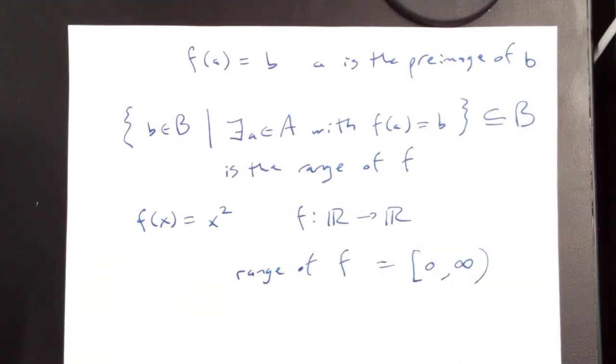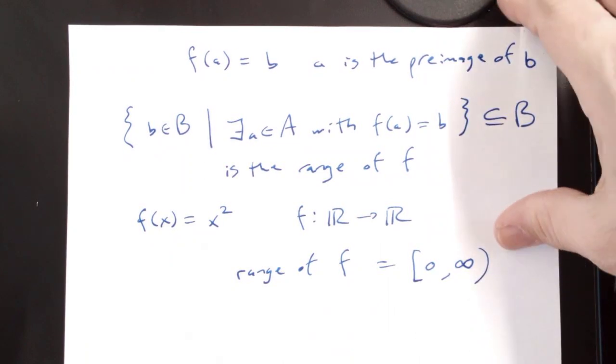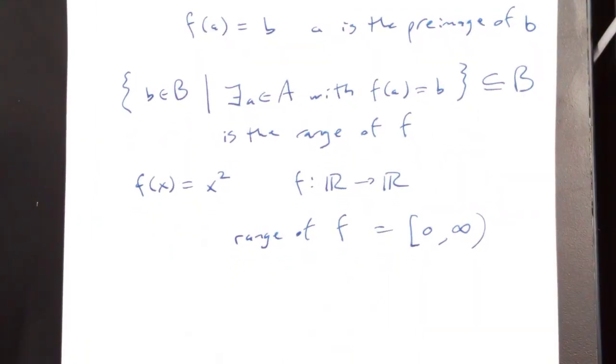The codomain was the set of reals, and my range is a subset of that. Questions?